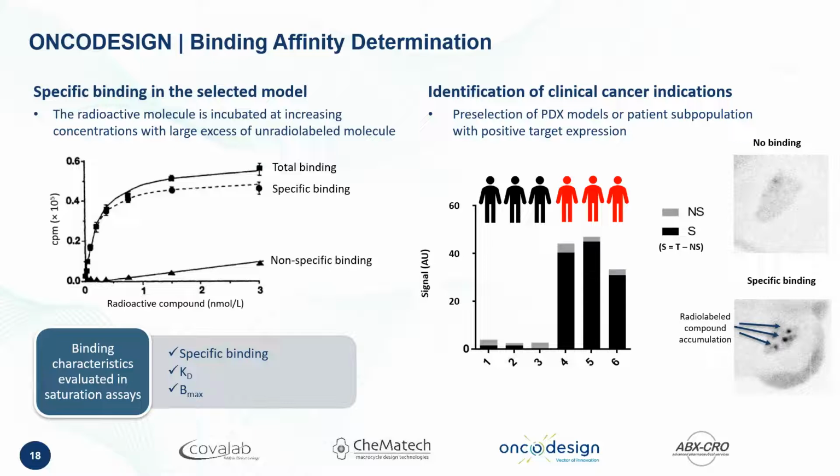So here, for example, you have some interest in pancreatic cancer, and we can do an assay on 10 different biopsies. And if you have a good binding on these biopsies, on most of them, then you know that you can select all the patients to be enrolled in your clinical trial.